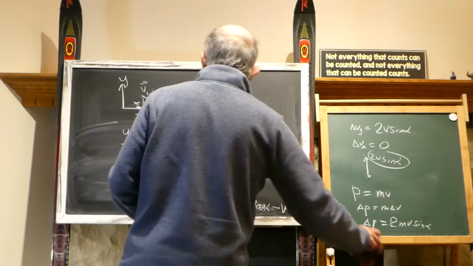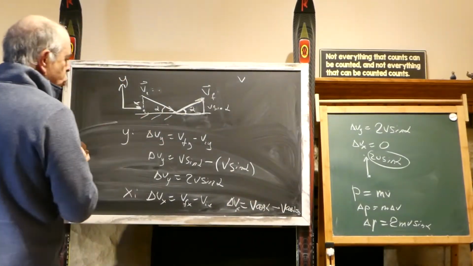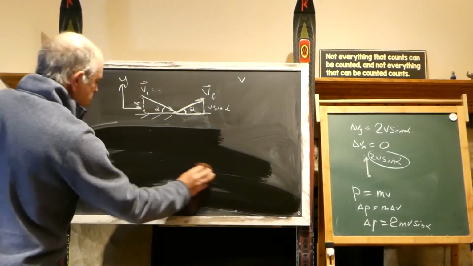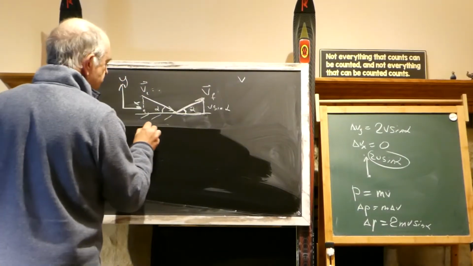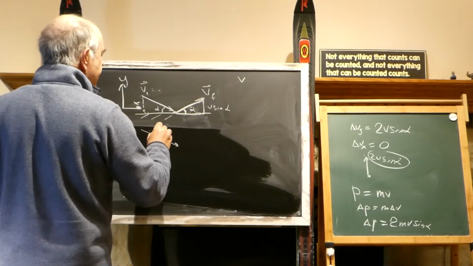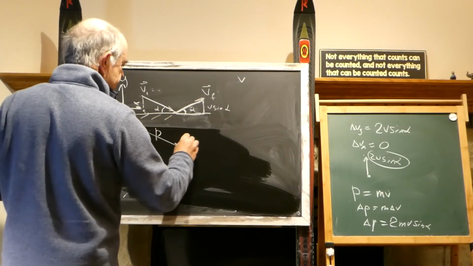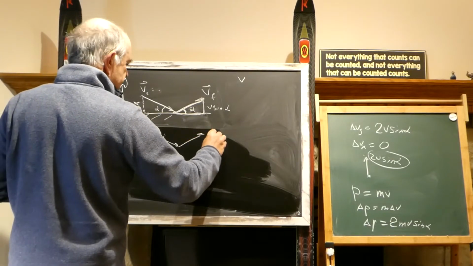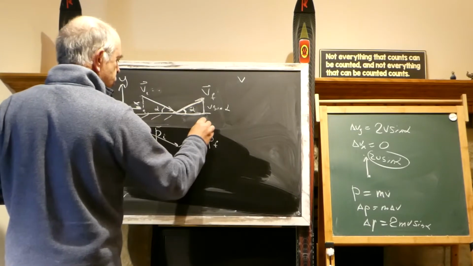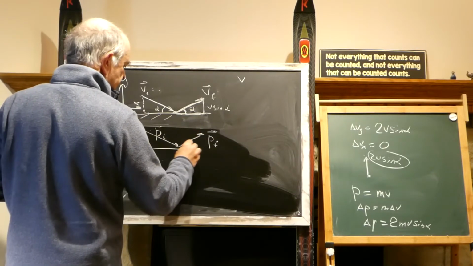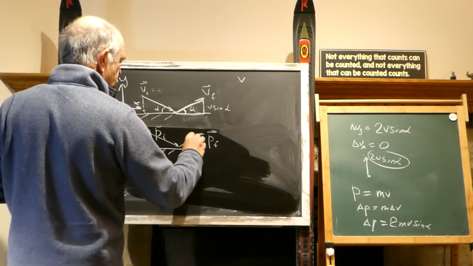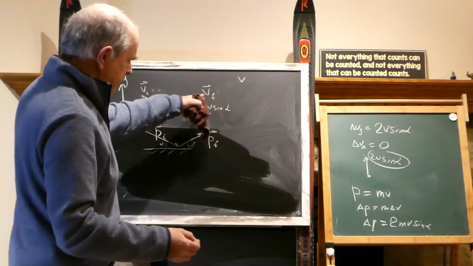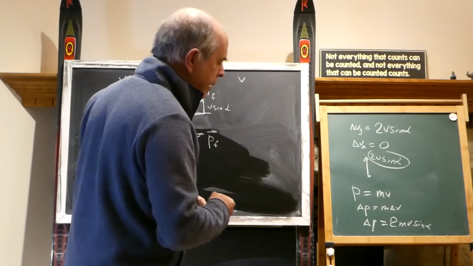So what that means is that I could draw the same picture, and I could say that this is initial momentum, and this is final momentum, and put the vector sign, and draw the surface, and draw the alpha, and repeat all of this, talking not about velocity, but about momentum.